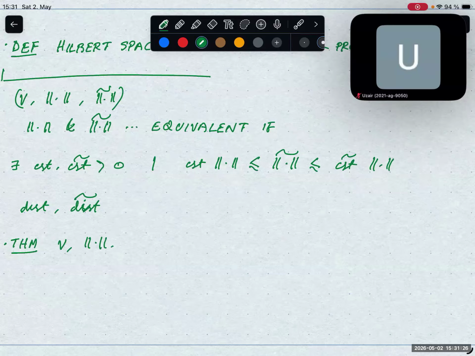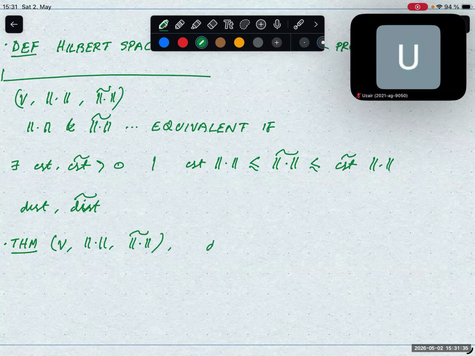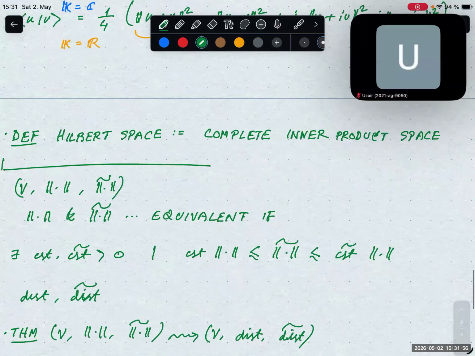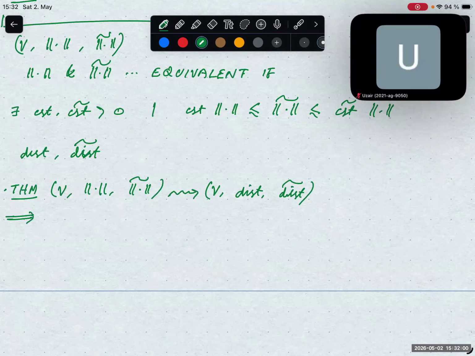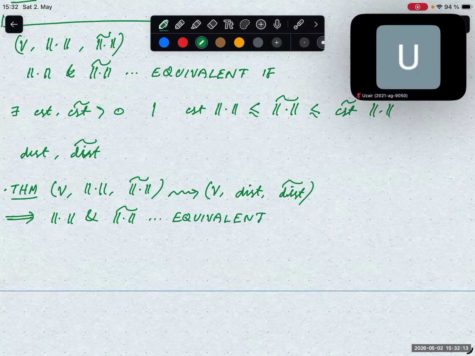We have a normed vector space with two norms, and the respective distances. Then the norm and the tilde norm are equivalent if and only if dist and dist tilde are equivalent metrics.